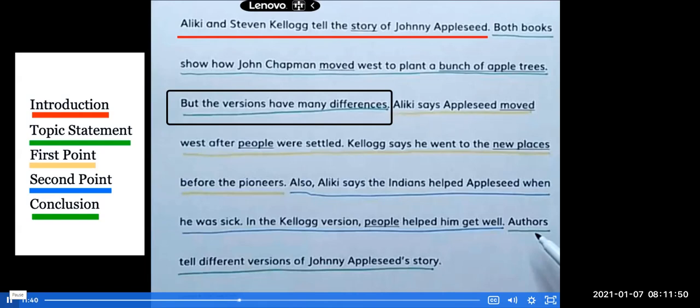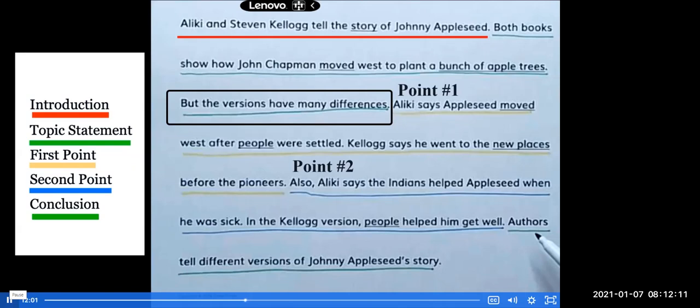When I read this topic sentence, I can tell that this paragraph is going to focus on the differences between the two texts. Let's look at the two points to make sure that the evidence that's in this paragraph supports the topic statement.